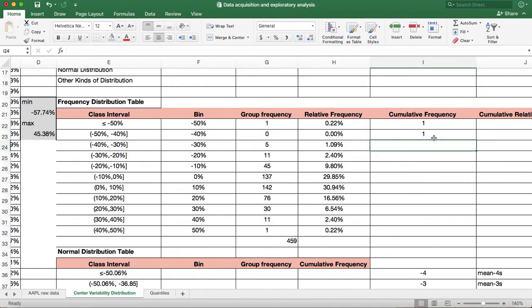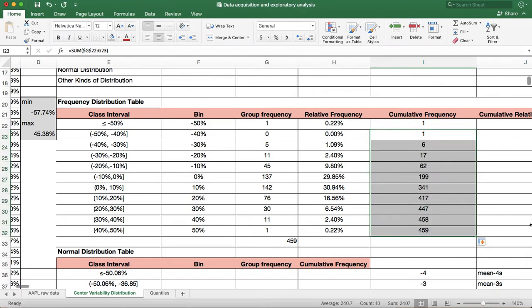return, and then we just need to make the beginning cell an absolute reference. Put a dollar sign, return, and then write down here.